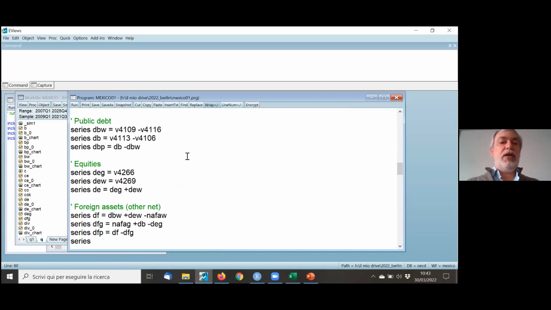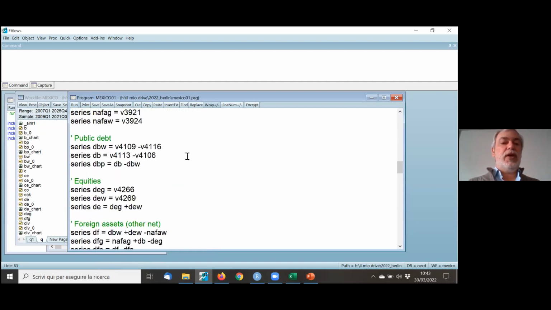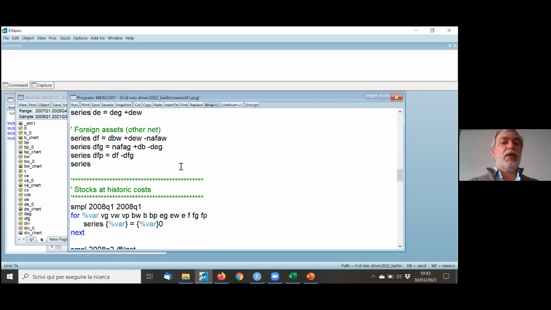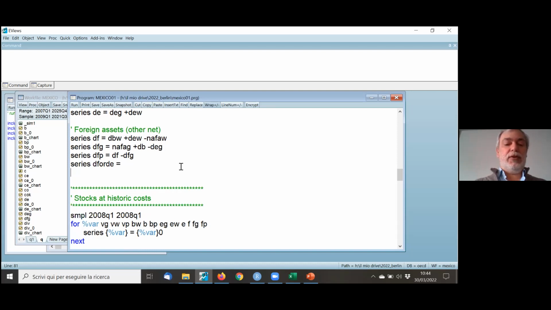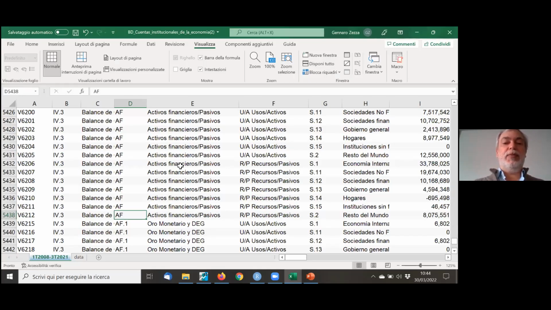So we can say that 4D and 4AS should be the flow of funds measure of the change in the assets of the rest of the world, and this should be the flow of funds change in the debt of the rest of the world, and I have to find where these are reported.